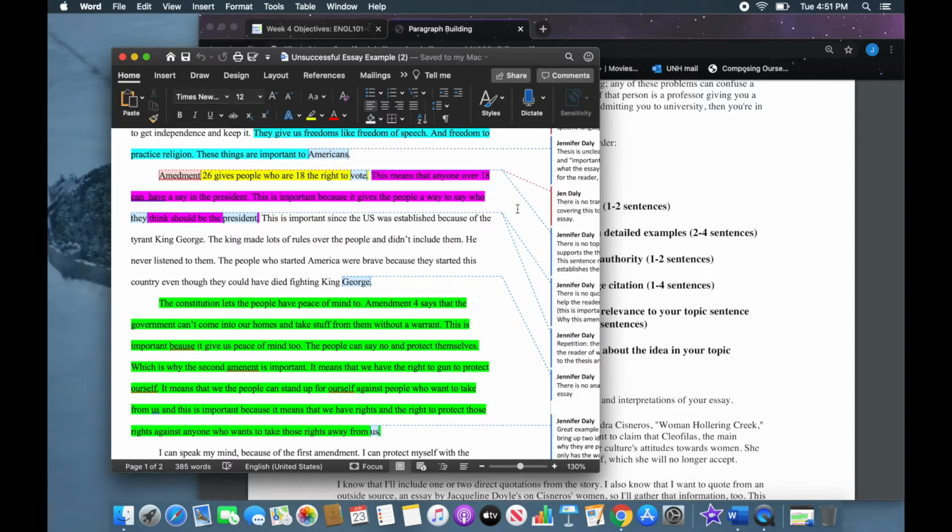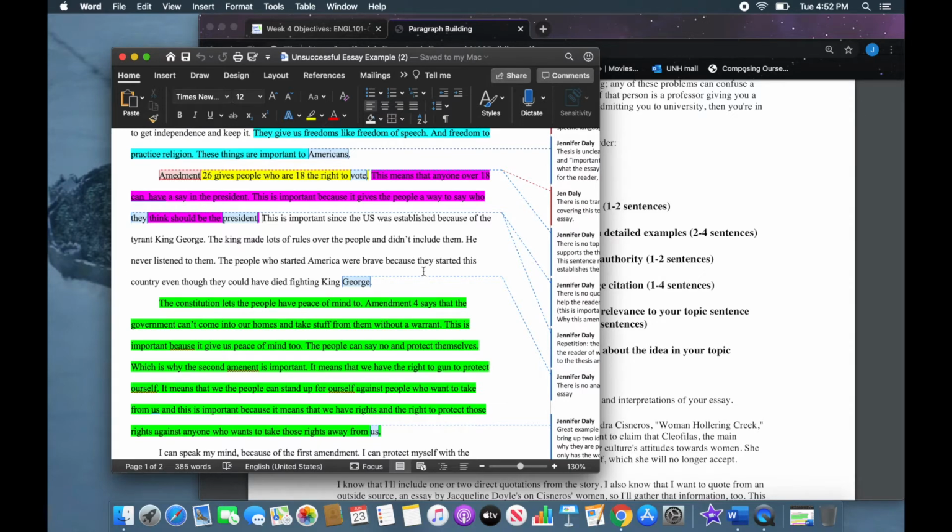Avoid pronouns wherever possible. We also don't have any quotes. We have sort of an example here. This is important since the U.S. was established because of the tyrant King George, but there's no citation, and so I'm not sure where exactly the reader is getting it. I'm thinking it's the Declaration, but Amendment 26 is part of the Constitution, so again, not really sure, okay?